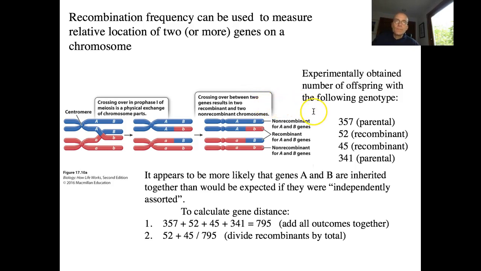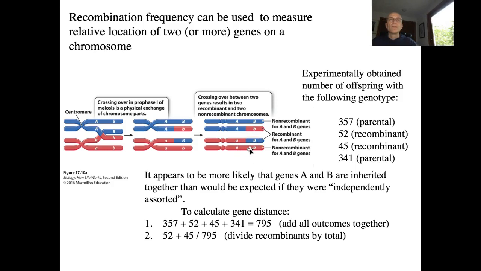And so they found that out of these total of 795 flies that were analyzed, they found that 357 had this combination, 52 had a recombinant combination with a big blue A and a little red B, 45 had a recombinant combination with little a, big B, and then there were 341 that had the parental one, the non-recombinant little a, little b.